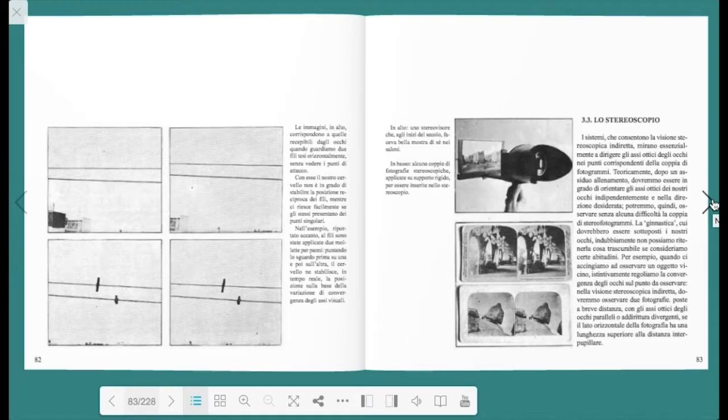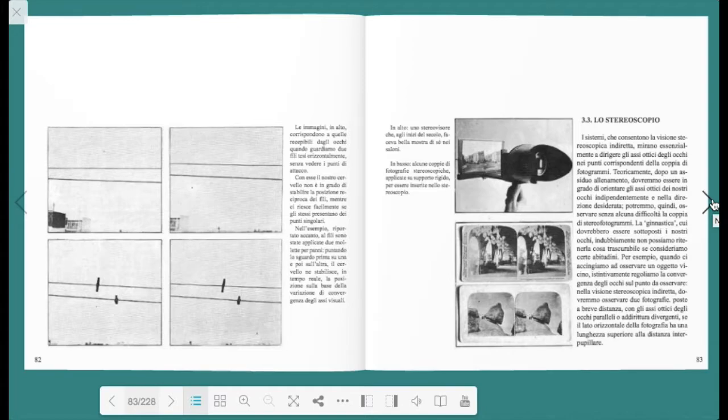3.3. The stereoscope. The systems which maintain indirect stereoscopic vision essentially aim to direct the optical axes of the eyes to the connected points of the pair of frames. Theoretically, after constant training, we should be able to direct the optical axes of our eyes in the desired direction.